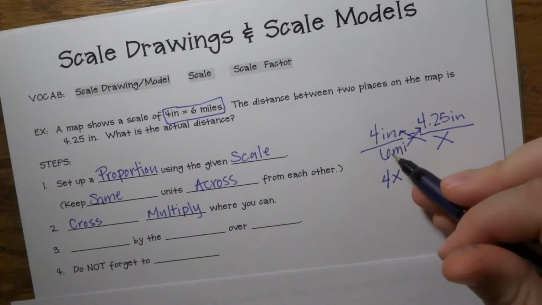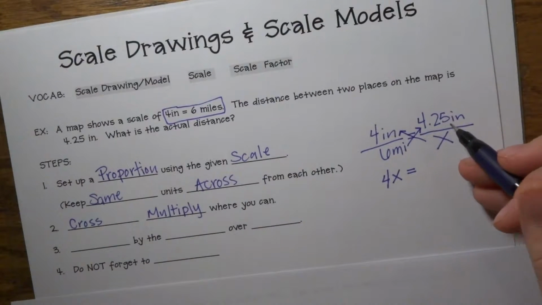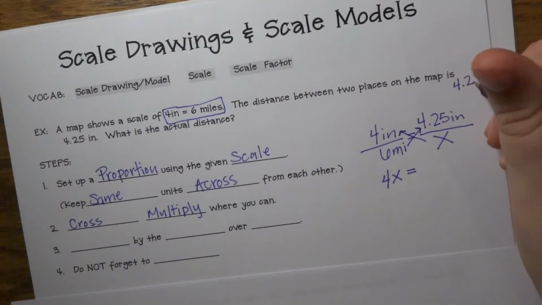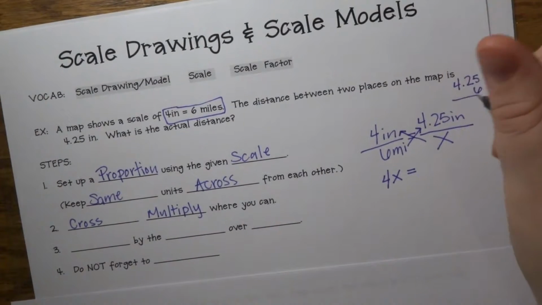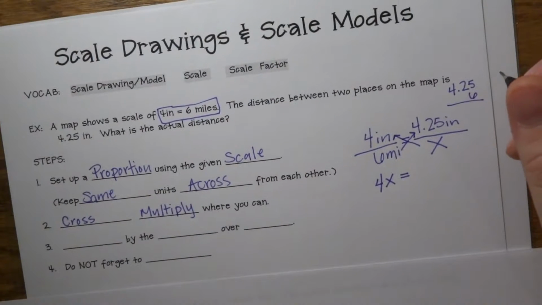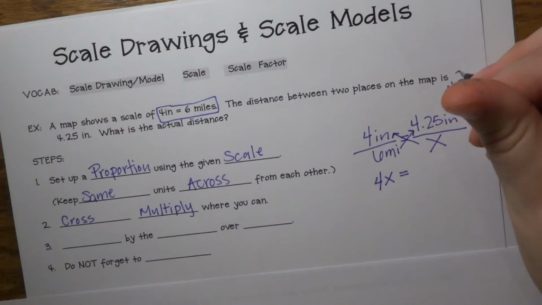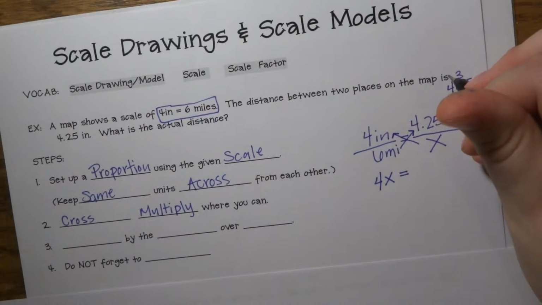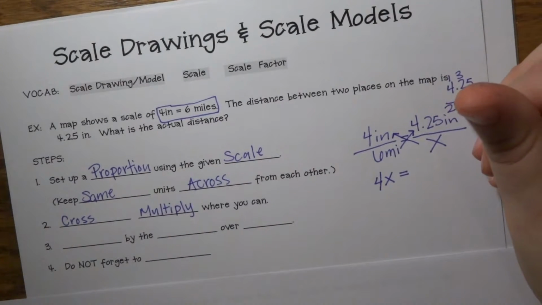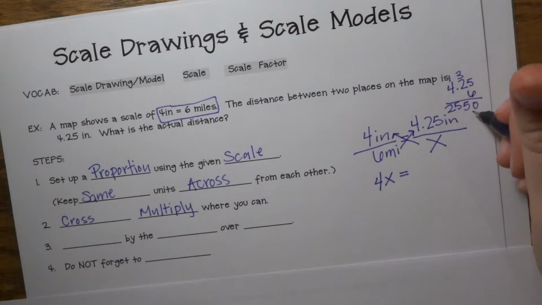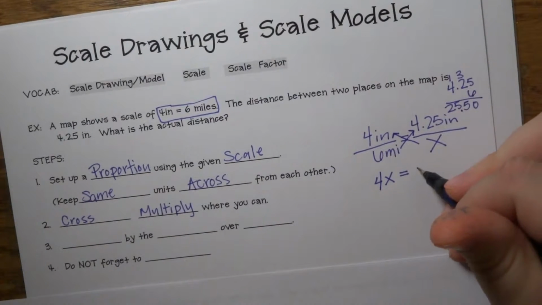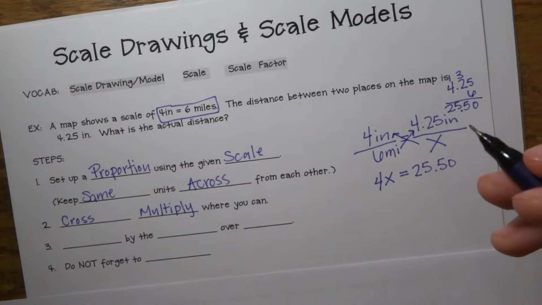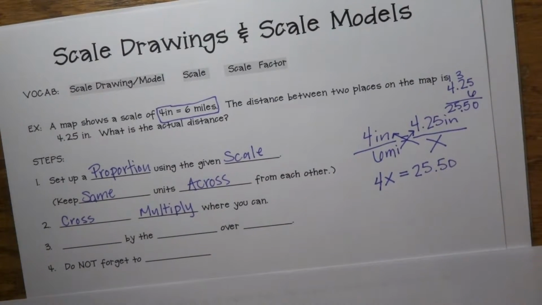Set that equal to 6 times 4¼ inches. Let's do a little math here. We get 6, 2, 12, 15, 4, 5. We have 2 decimals. So that gives us 25.5.